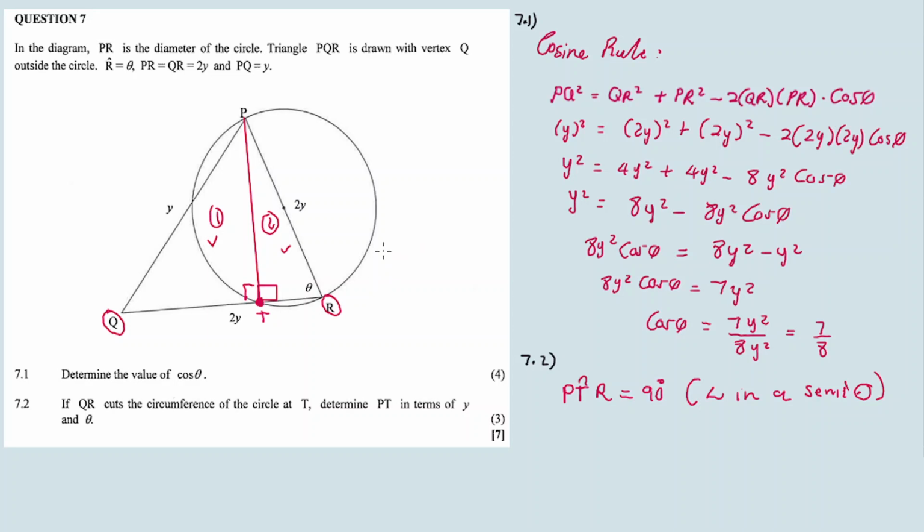I want the length of PT, right? Let's use triangle number 2. In triangle RTP, triangle number 2, I can use a trigonometric ratio. Since this is a right angle triangle, there's no need to use triangular formulas. I can use trigonometric ratios for finding the unknown side, right?